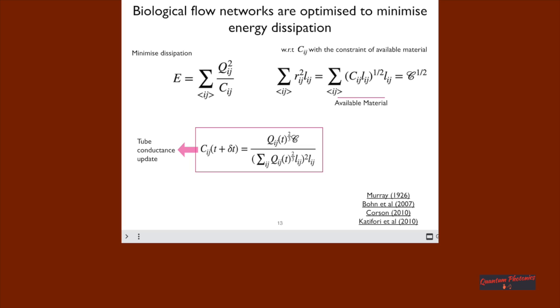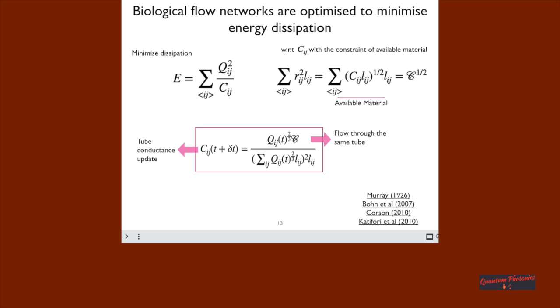And here, through the builds of this slide, slide 13, I show how we consider that these biological flow networks minimize their energy dissipation, which is shown by the first build in the slide.